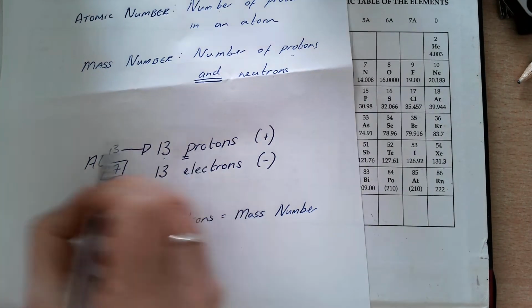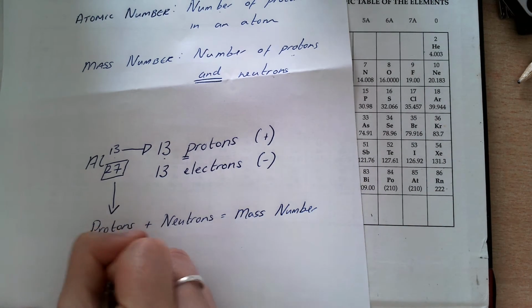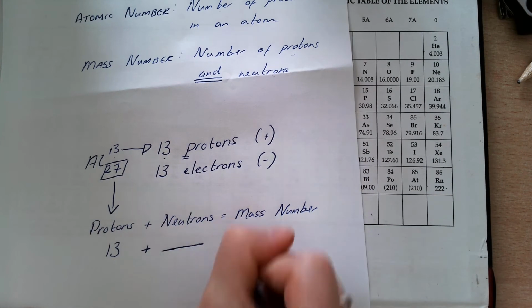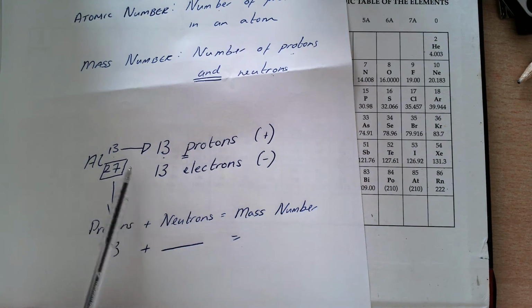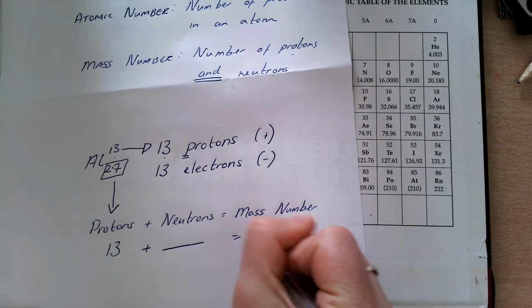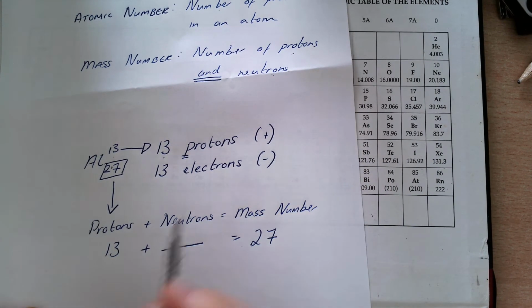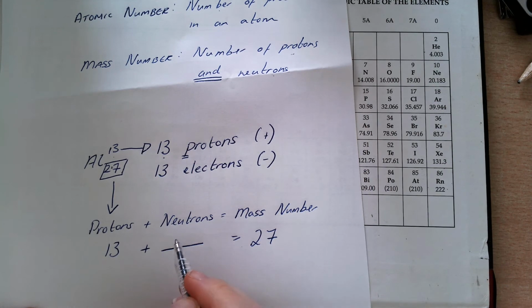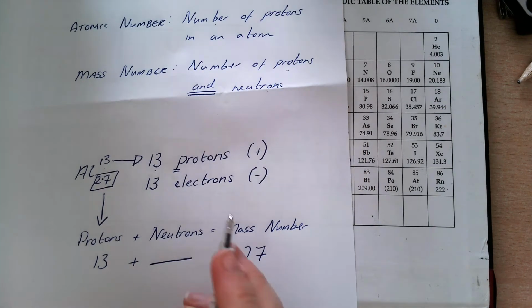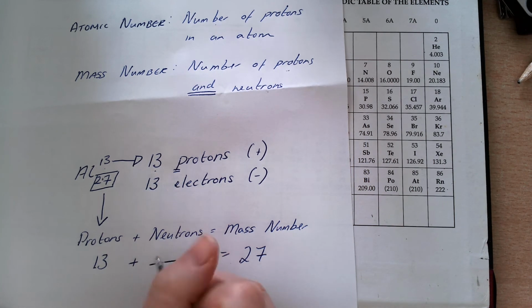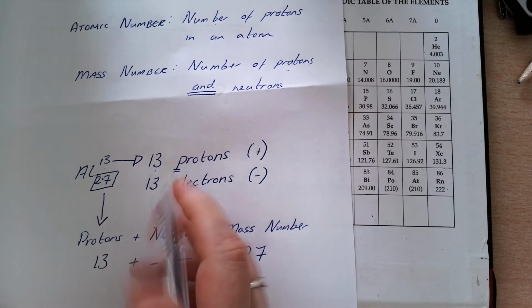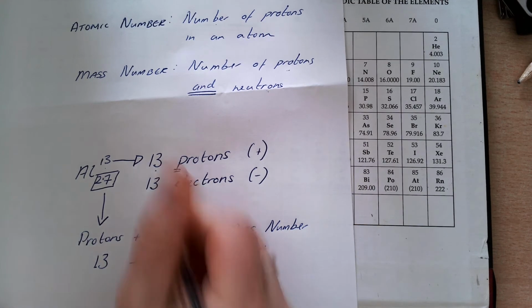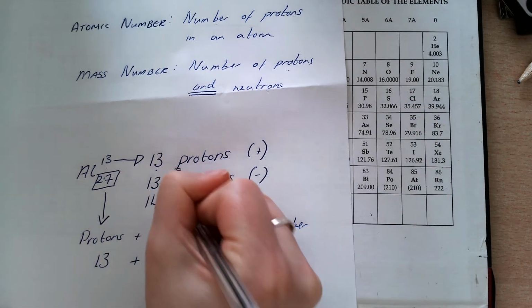I have already worked out from my atomic number that I have 13 protons. I know my mass number is 27. So any of the remaining number must be neutrons. So 13 plus what gives me 27? 14. So I have 14 neutrons.